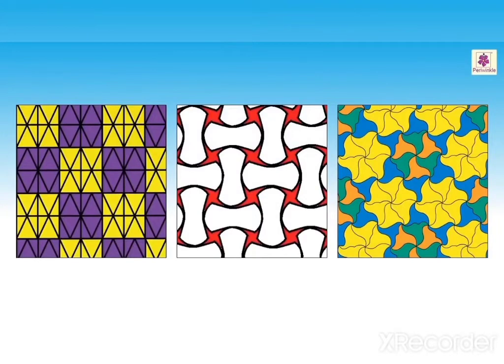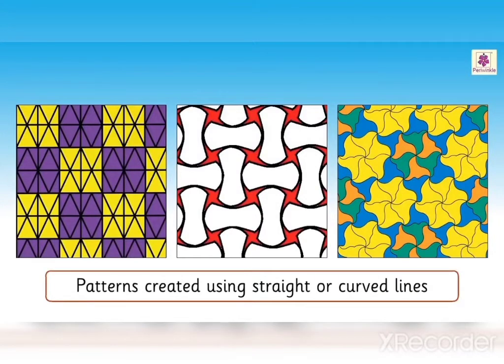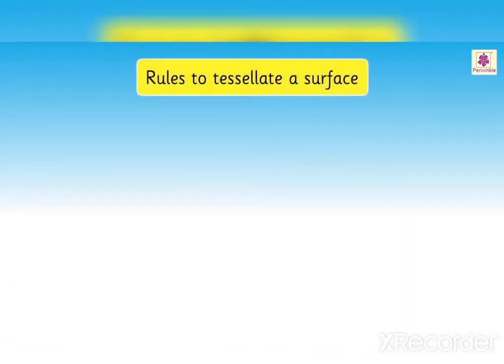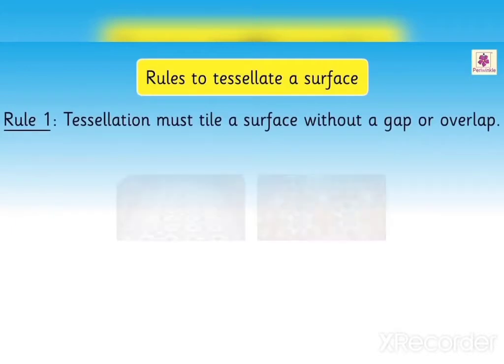Look at these arrangements of tiles. Here, patterns have been created using straight or curved lines. All the corners of a pattern meet at a point called a vertex. Did you know we follow certain rules to tessellate a surface? They are: Rule 1.